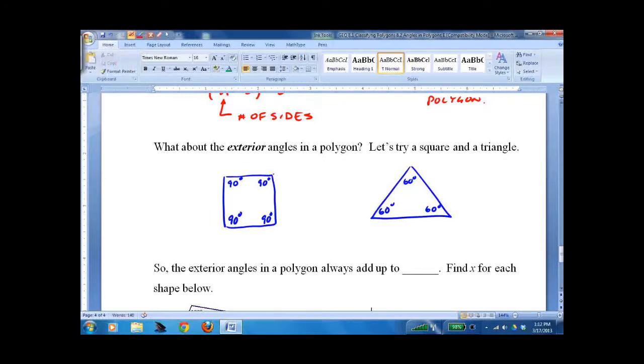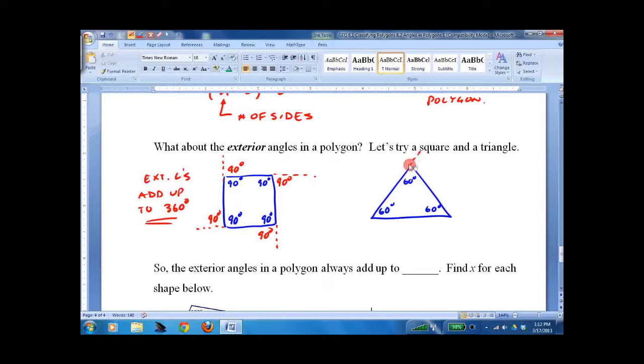Well, if you just continue one of the sides and then do it the same way, so it looks like a big pinwheel. Well, if that's 90 and this is 90, they add up to 180. So we get 90, 90, 90, 90. The exterior angles add up to 360 degrees.